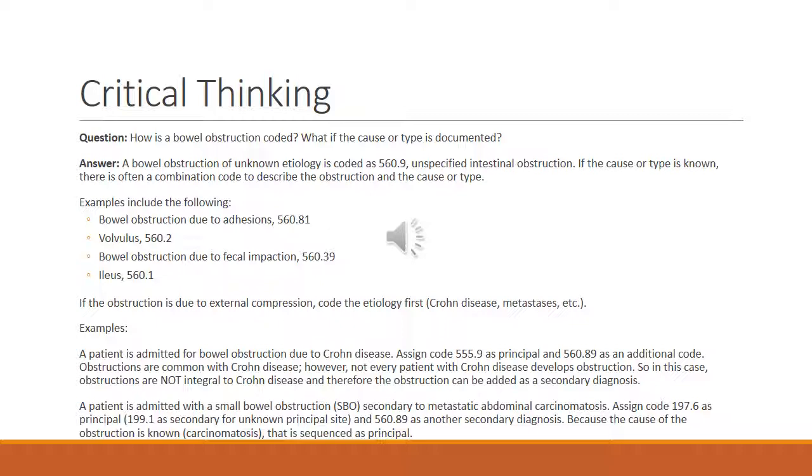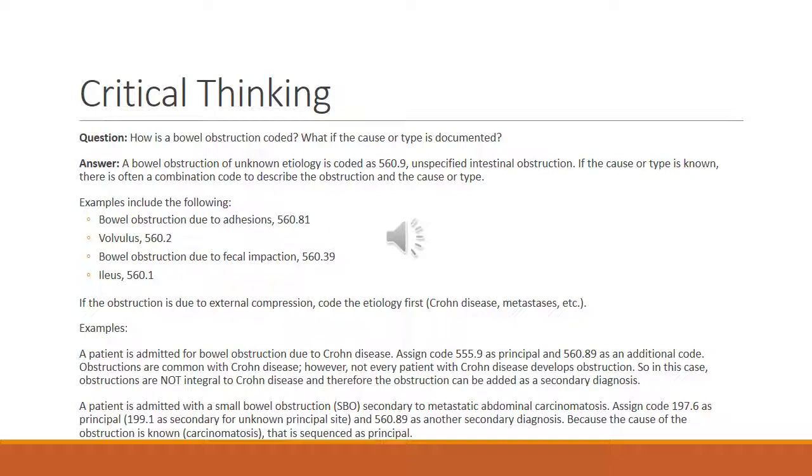If the obstruction is due to external compression, code the etiology first, such as Crohn's disease or metastasis of cancer, etc. Now examples. A patient is admitted for bowel obstruction due to Crohn's disease. Assign code 555.9 as principal for the Crohn's disease and 560.89 as an additional code, which is for the bowel obstruction.